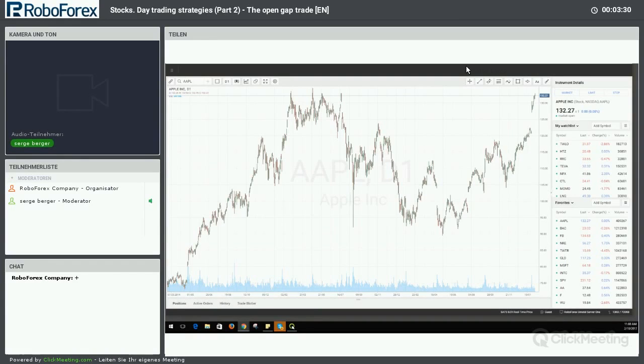Now, give me one quick second. I just want to double check something here in terms of the different trades I want to look at today. For those of you, if you have trades that you want me to look at, specific trades, specific stocks, this would be a good time to let me know which ones. Let's see.